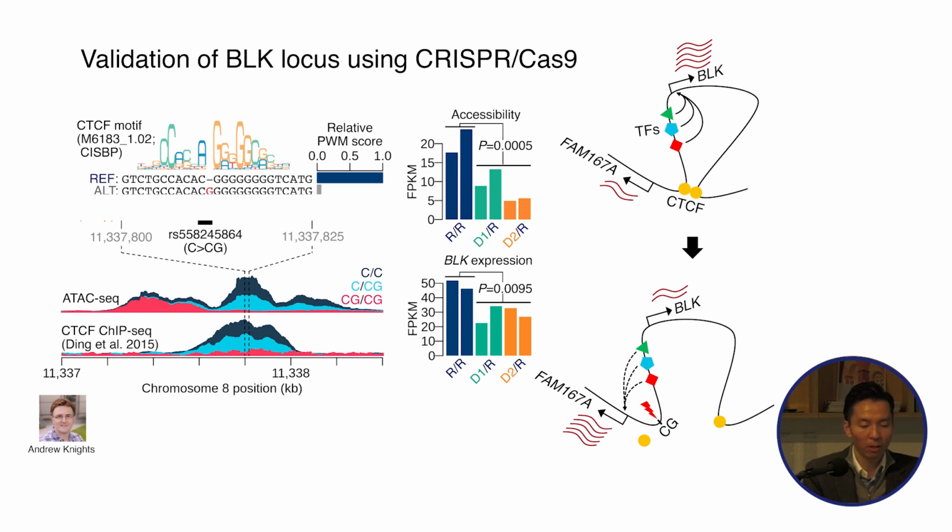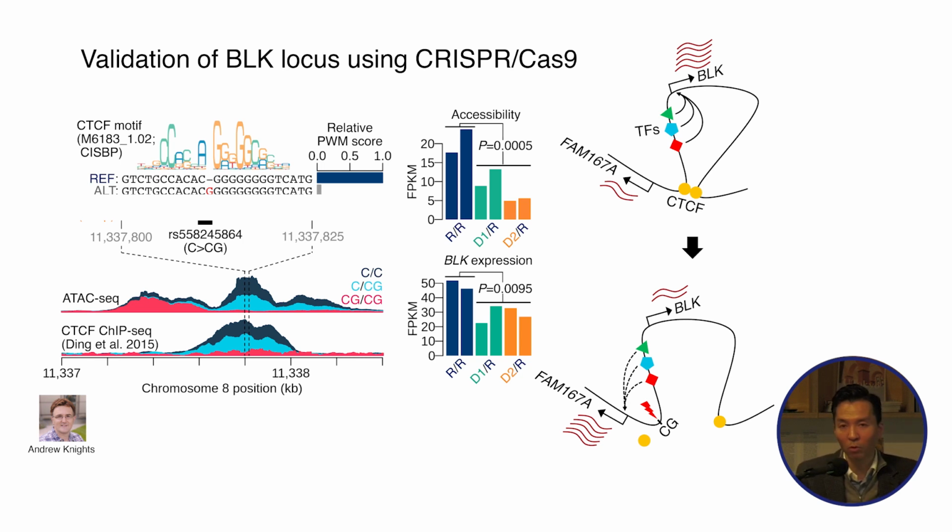And we've also confirmed with an external data set that CTCF binding is significantly reduced by this extra G. So our collaborator Andy Knights created 2 deletion lines using the CRISPR gene engineering technique, and then confirmed that the accessibility at the target peak as well as the BLK expression are both downregulated by this deletion.